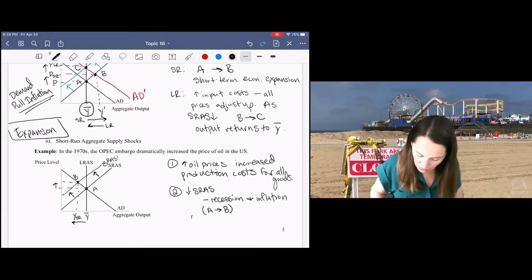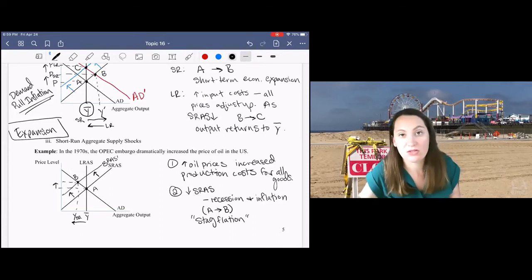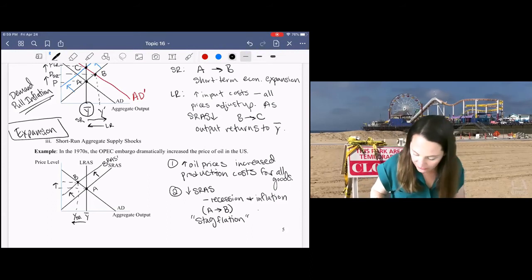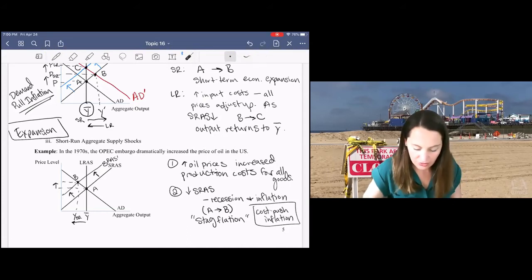This double whammy of recession and inflation has a special name. It's sometimes called stagflation, because we have a stagnating economy and we also have increasing prices. We could also call this cost push inflation, right? As opposed to the demand pull inflation that we saw during economic expansions.